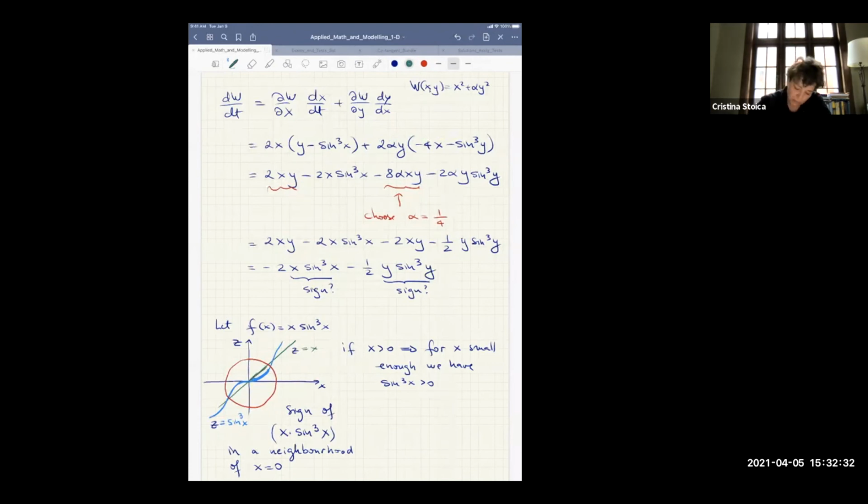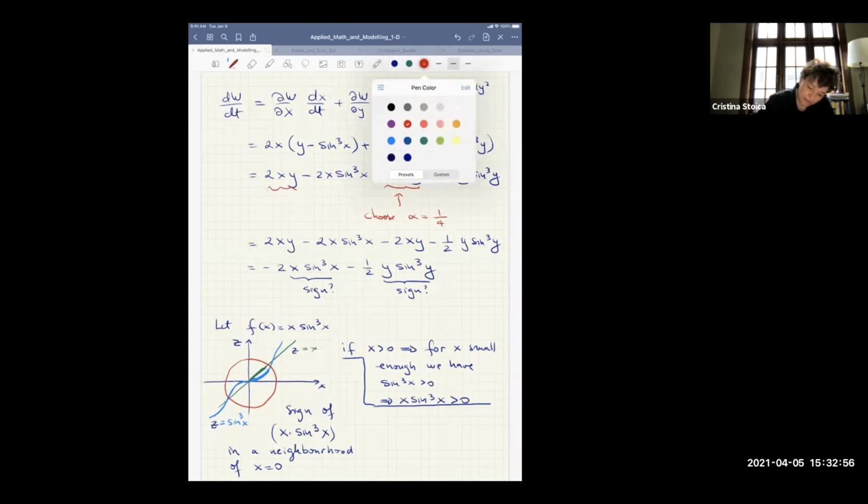So if they're both positive, this means that their product will be positive for x small enough.